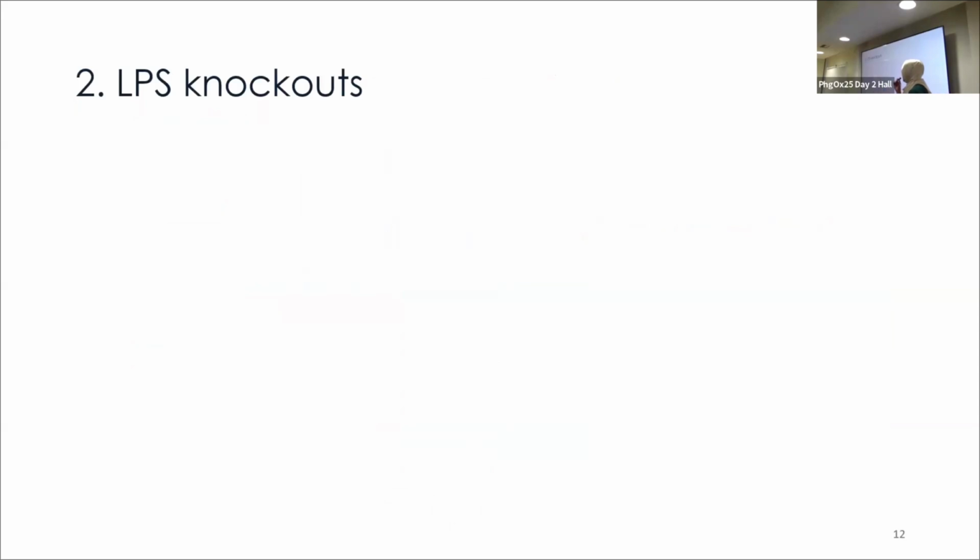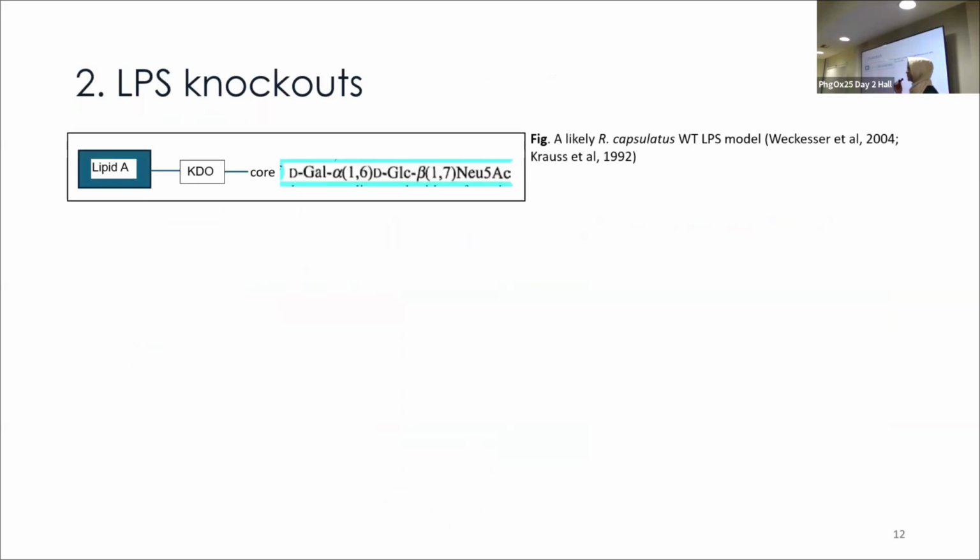So in terms of the LPS mutant strains, the fact of the matter is that for the wild-type strain that we use in our studies, SB1003, we don't have any data on the composition of its LPS. But what we have from previous papers, like papers from the 70s and 80s, is some compositional data of the LPS of some related strains.